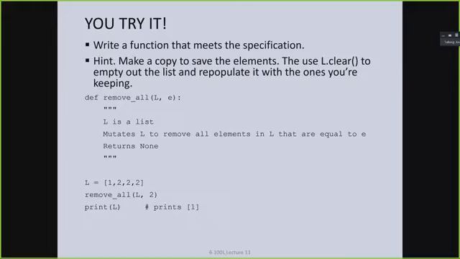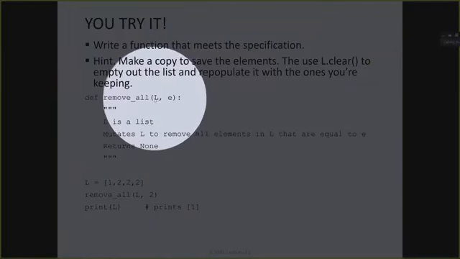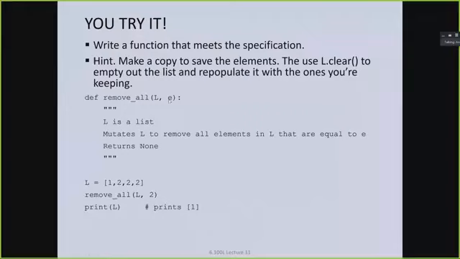Last lecture, I asked you to write a similar function which took in a list L and an element E. That function created a new list and populated it with all the same elements as L except for omitting the ones that were equal to E. This version is not going to create a new list and return it. It will mutate my input L such that you're only keeping the elements from L that do not match E.